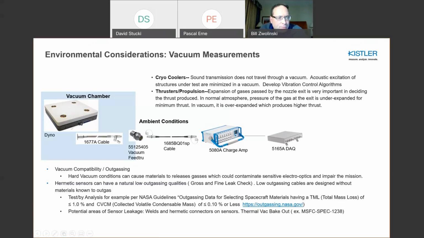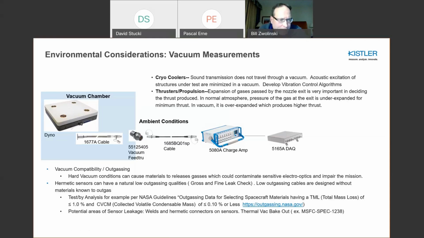Obviously with vacuum testing, what's important is low outgassing cables and solutions. A lot of times low outgassing can be guaranteed by a manufacturer, and indeed that's very important. A lot of times, regardless of the guarantee, it's important to perhaps do a bake out.